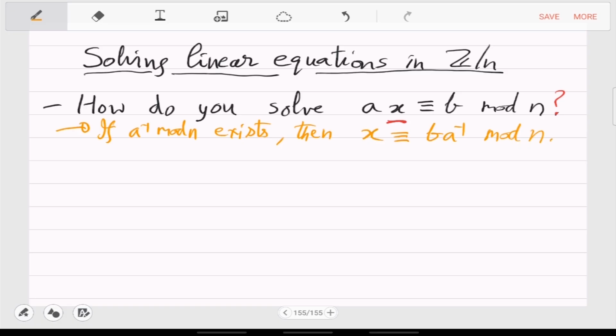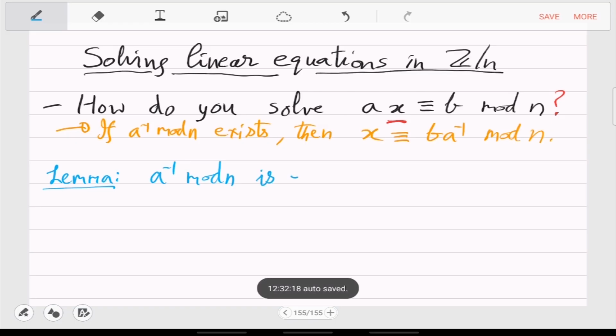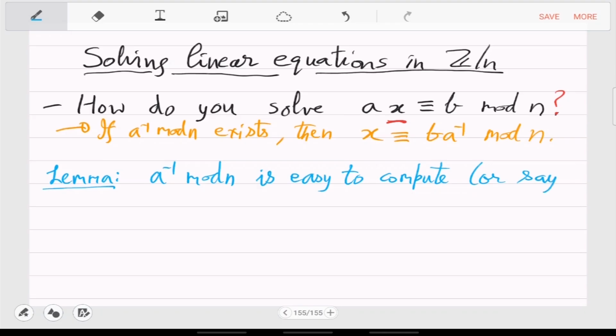So we should talk about how to compute inverse. How do you compute inverse actually? Let's write that down. So A inverse mod n is easy to compute, or say that it doesn't exist.